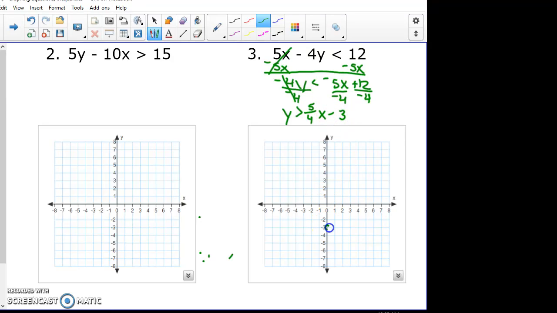From here, we have our y-intercept at negative 3. We're going to apply our slope, up 5 over 4. I'm going to do that 2 different times here so we can really see our line.